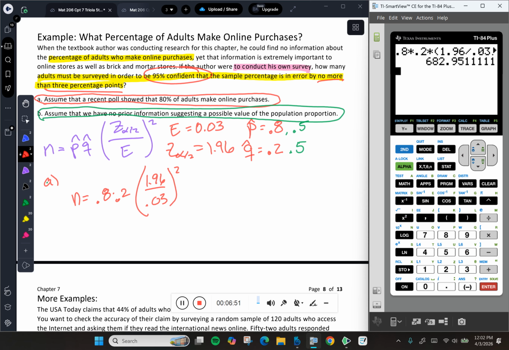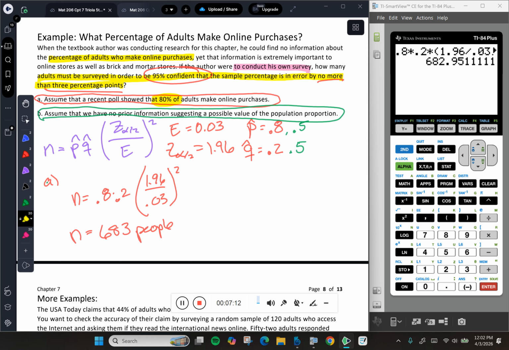And I get that we're looking at about 683 people. Well, that's an ugly n.